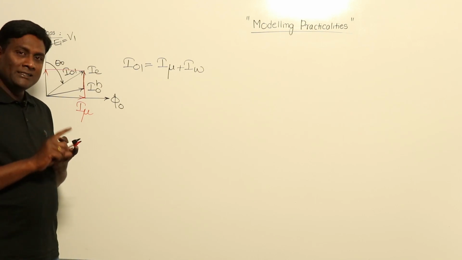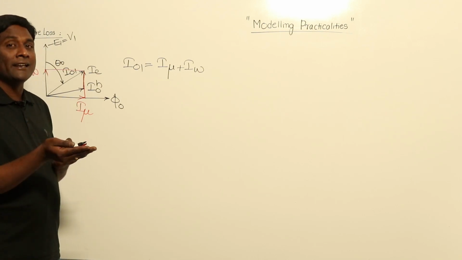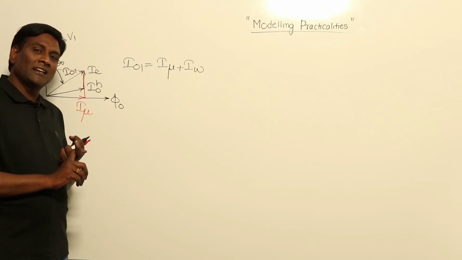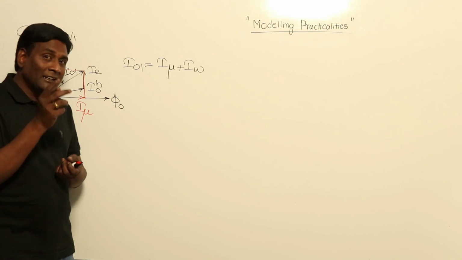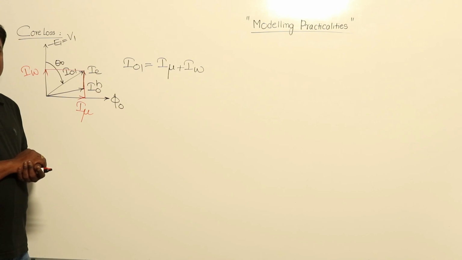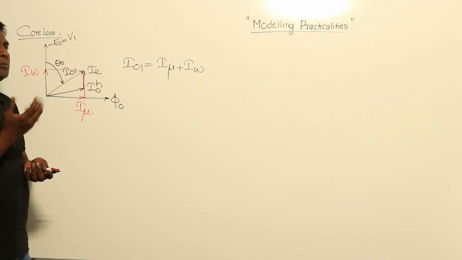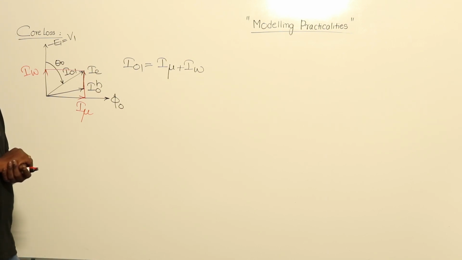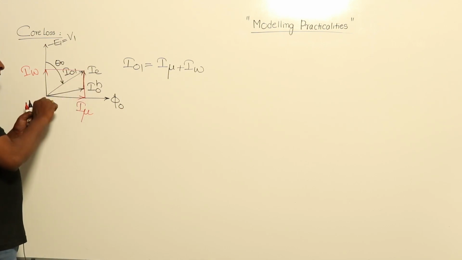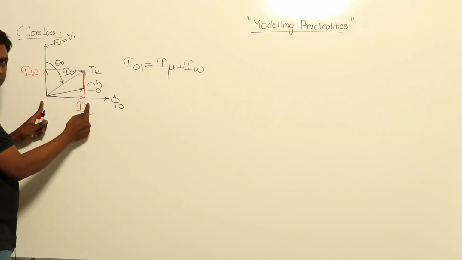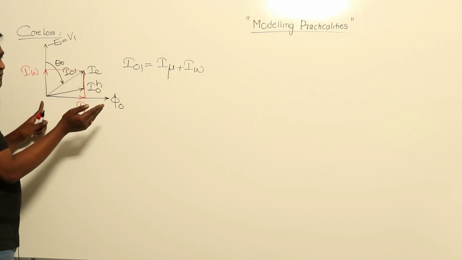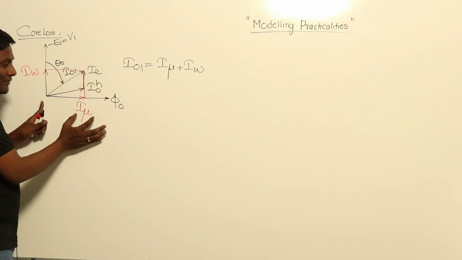If hysteresis is not there, it means non-magnetic material, and if eddy current is not there, it means electrical insulator. Under that condition we get simple network theory, because the moment hysteresis is not there it becomes linear. So if hysteresis and eddy current are not there, my no load current would be only I mu, in line with phi naught.